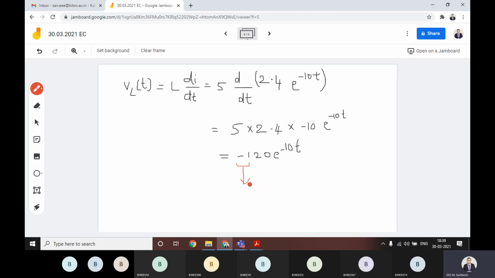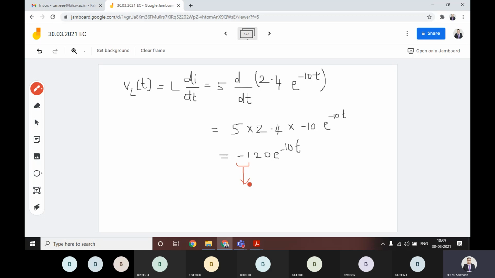Is it okay? Now you understood how to calculate, how to solve source free RL circuit. Is it okay? Do you have any confusion at this stage? Tell me. Then in that case we'll proceed.